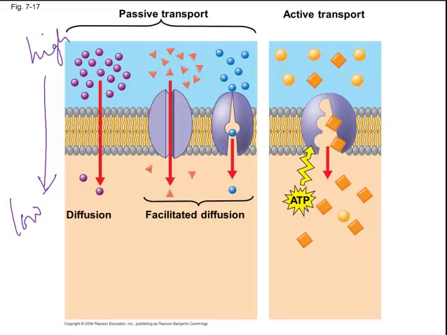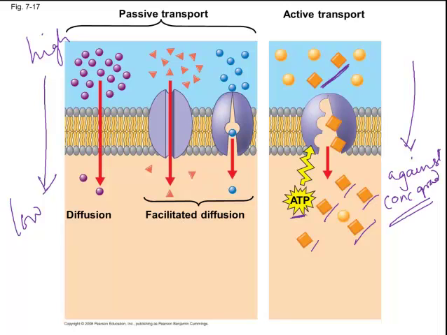Whereas in this particular case, if you notice, the concentration of this material is low in this region and higher in that region, yet it still moves in this direction. It goes against the concentration gradient. And it uses the help of ATP with a specific transport protein for this process.